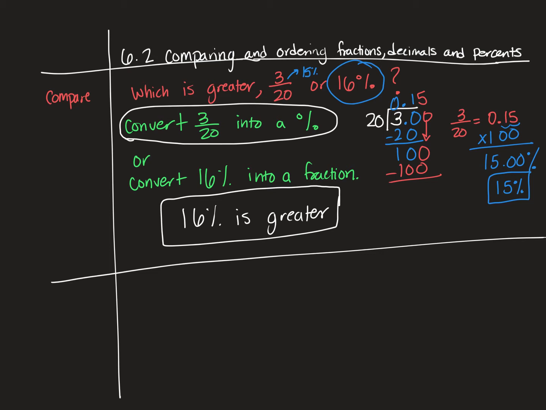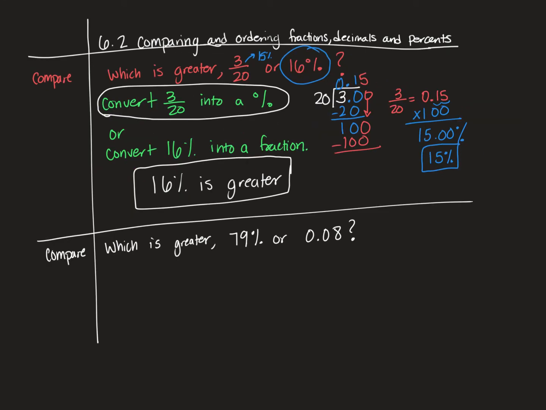Okay, it looks like we're ready. So we're going to compare a decimal and a percentage. I think this one might be a little easier. Which is greater, 79% or 0.08, or 8/100?